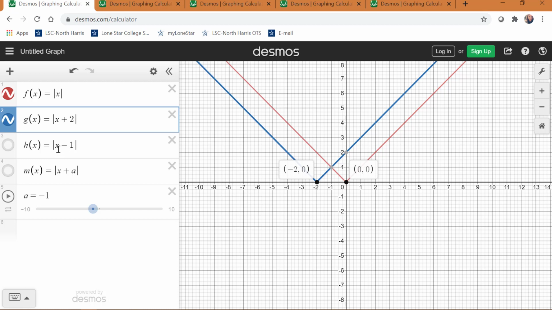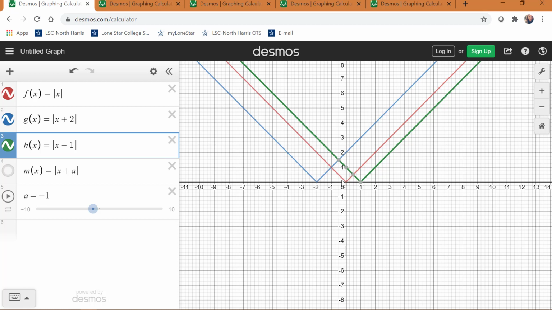So what happens when I do x minus 1 on the inside of those absolute value bars? I might think it shifts to the left, but in fact it shifts to the right because we're going to go opposite of the direction of the sign we see. So here we see that V-shaped graph shifted 1 unit to the right, and so that origin point now would be x value of 1, y value of 0, and then the V-shaped graph goes from there.